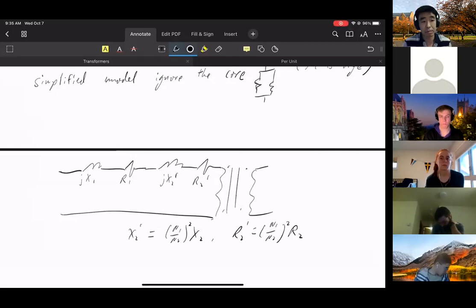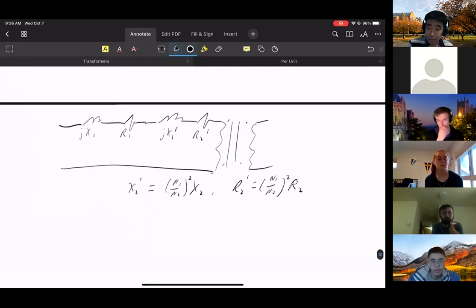This basically assumes that the permeability of the core is infinite. What's left over are these x and r terms. These come from the fact that we have a wire that is an inductor, so we have these series elements left over.